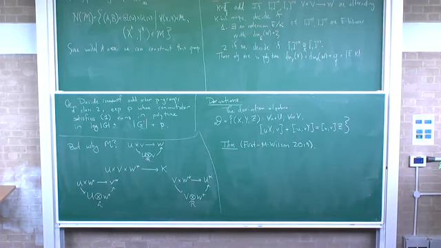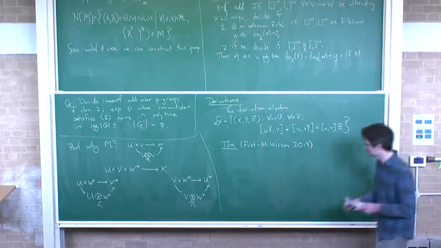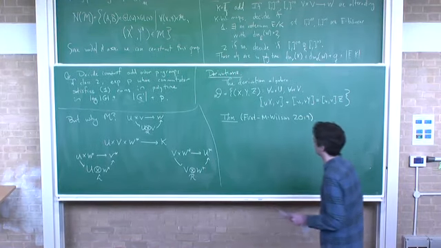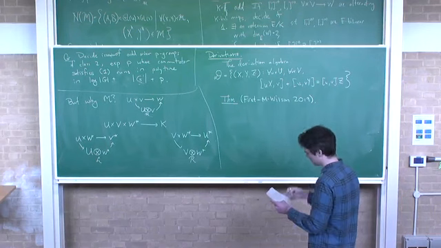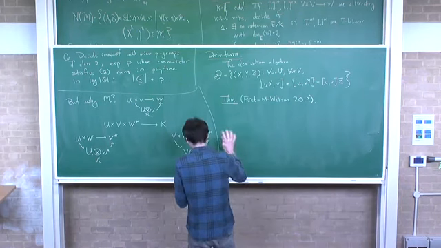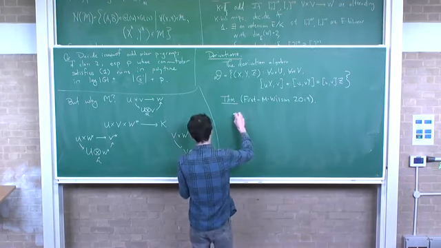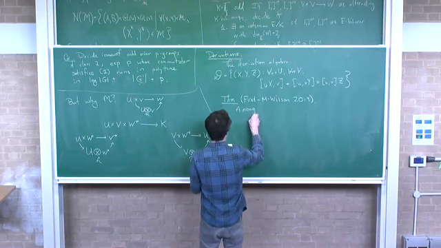And the statement of this theorem is going to be a bit vague because there's a lot of notation and definitions that aren't really needed anywhere else in this talk. So I'm going to write down something and then I'll give some meaning to it.